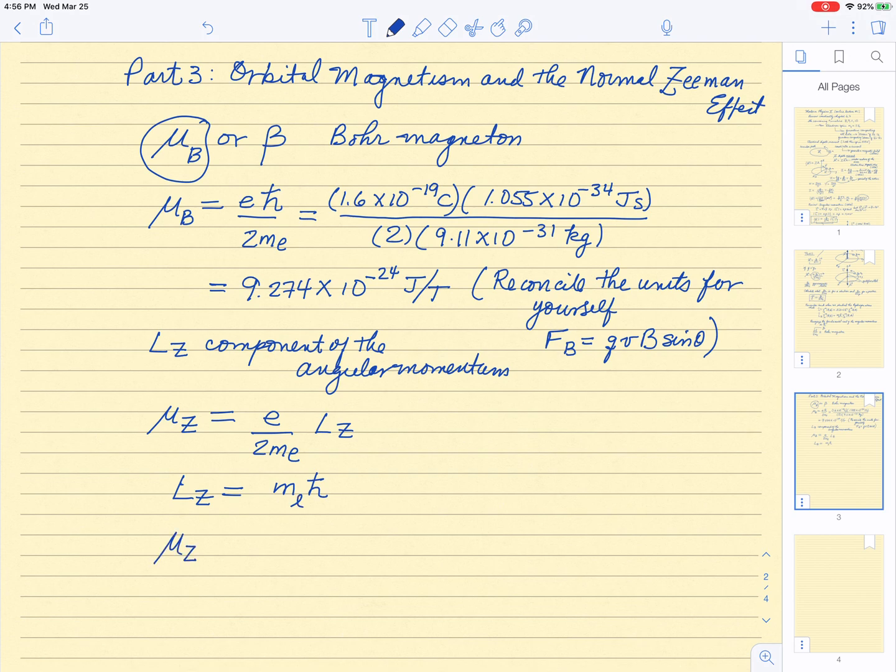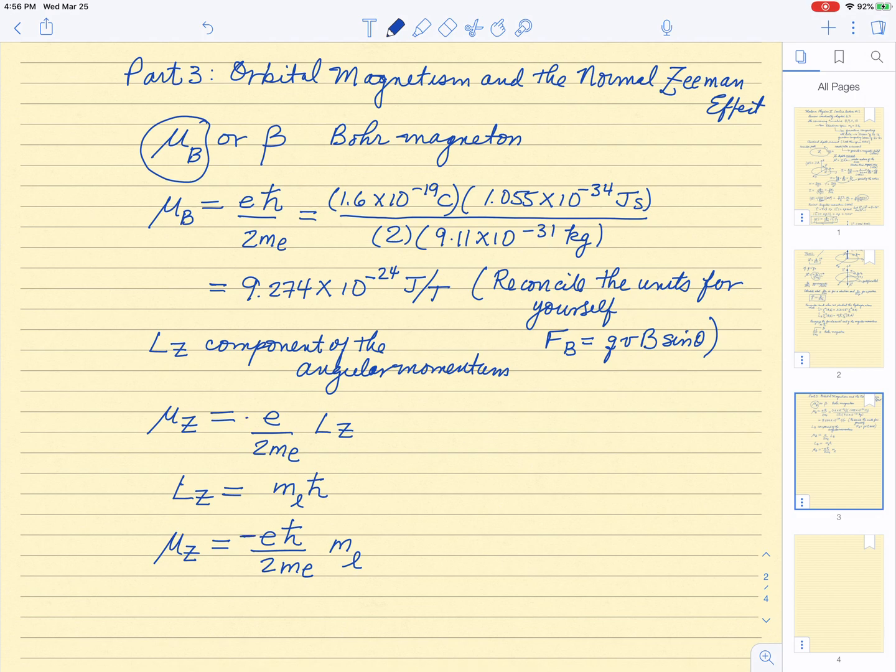And so then mu sub z is going to be equal to e times h bar over 2 m sub e, times m sub L. We recognize that this needs to be negative.